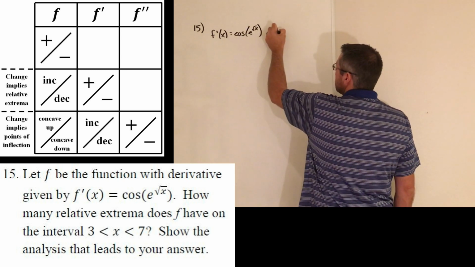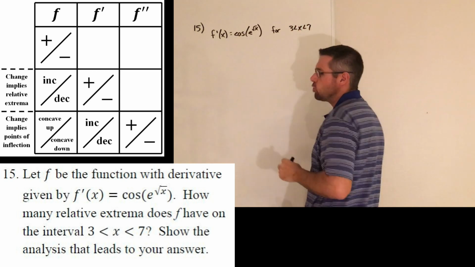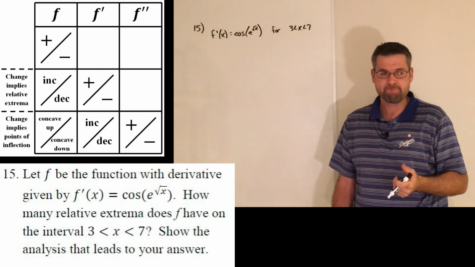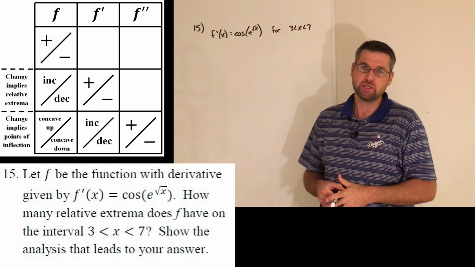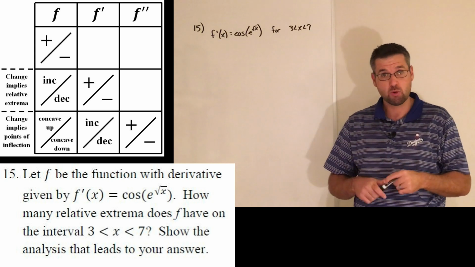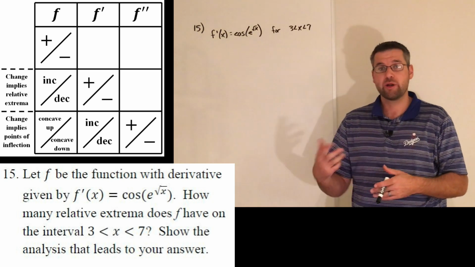So I'm just going to write down 3 is less than x is less than 7. So we're looking for relative extrema. The way we look for relative extrema is by first finding our critical points. And going back a little bit, the critical points are when f prime equals 0, f prime does not exist, or at endpoints.